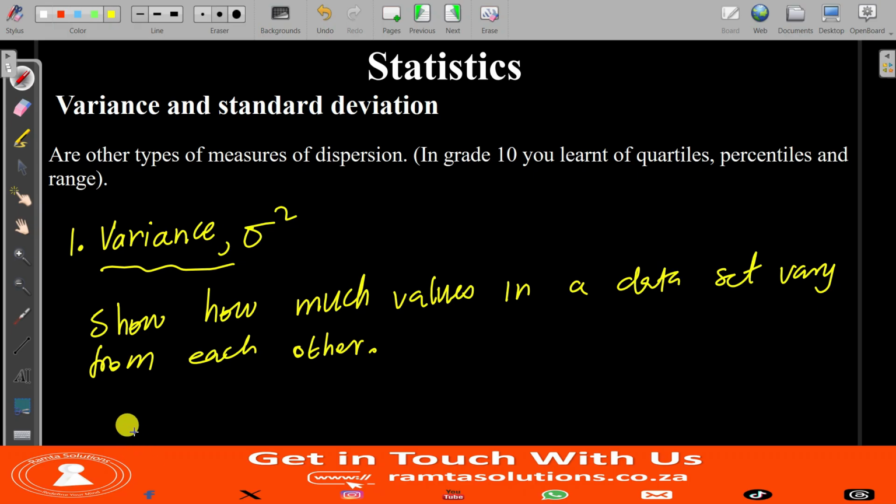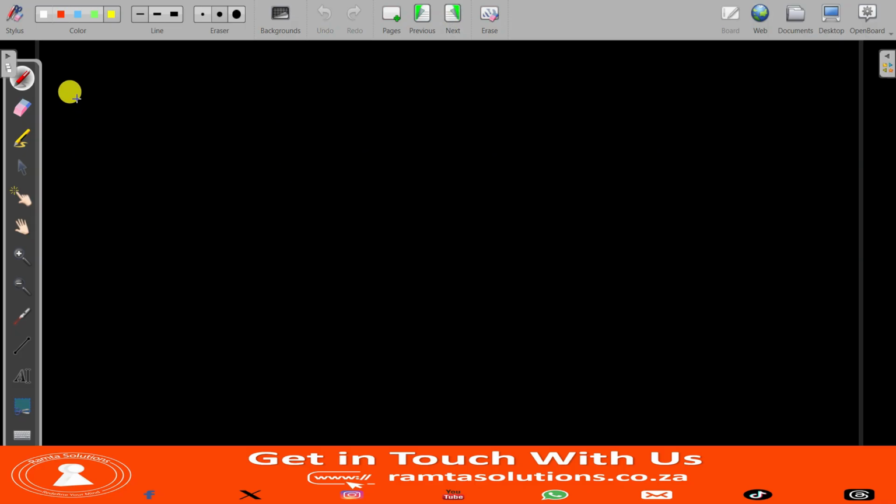So what happens when you have a high variance? What is the meaning of a high variance? It means your data is further from the mean.